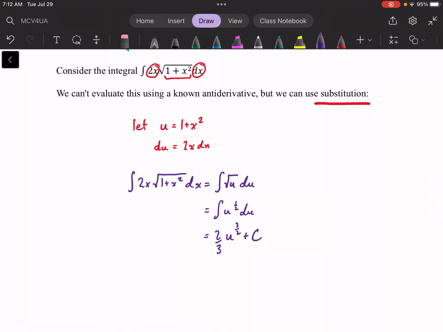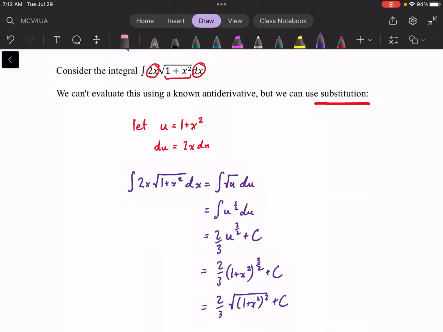Now at this point in time, you can also substitute back in the value of x if you want it in terms of x. And there you go. Again, usually they like root symbols, so we're going to change this into the square root of 1 plus x squared cubed plus c. And then you can try finding the derivative of this and verify that it's the same expression that you get in your integral.